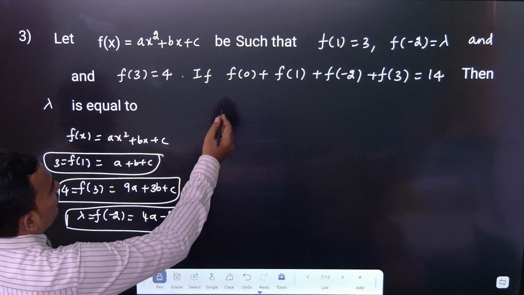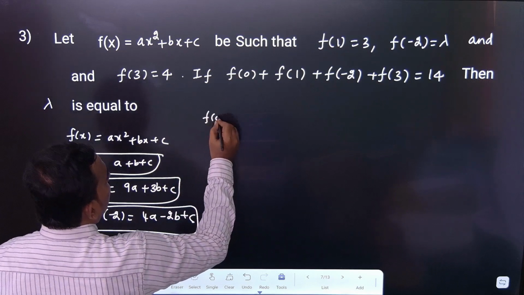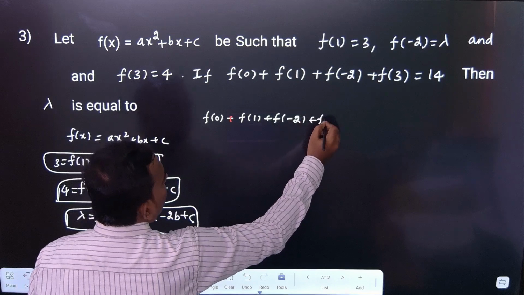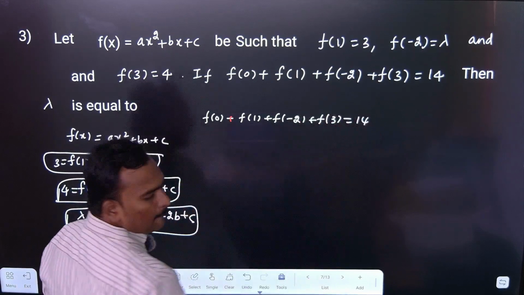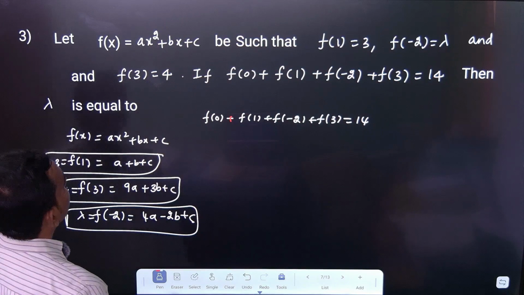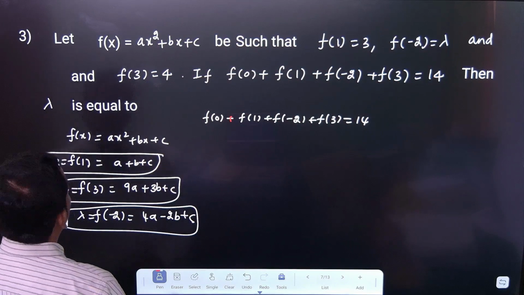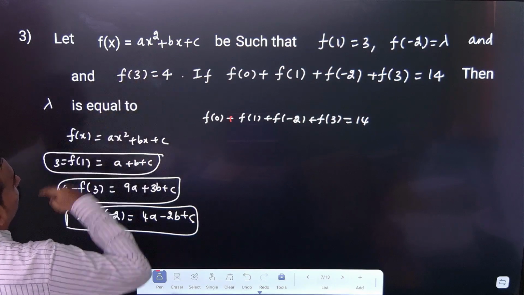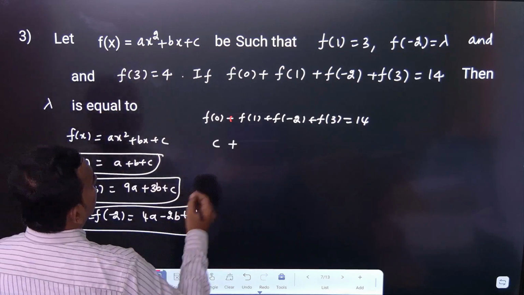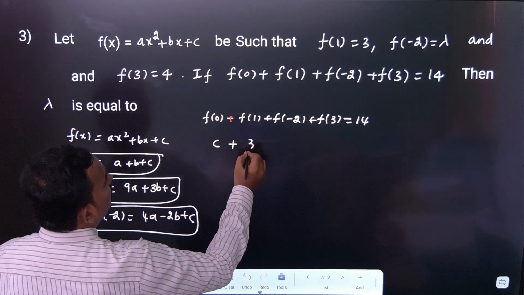But you can use here f of 0 plus f of 1 plus f of minus 2 plus f of 3 is equal to 14, is given. Okay. What is f of 0? If you put f of 0, what is that? Just substitute 0, c. F of 1 is given to you as 3.